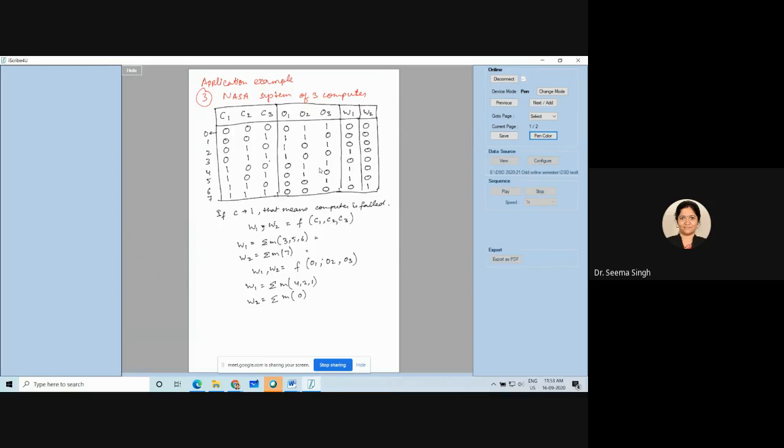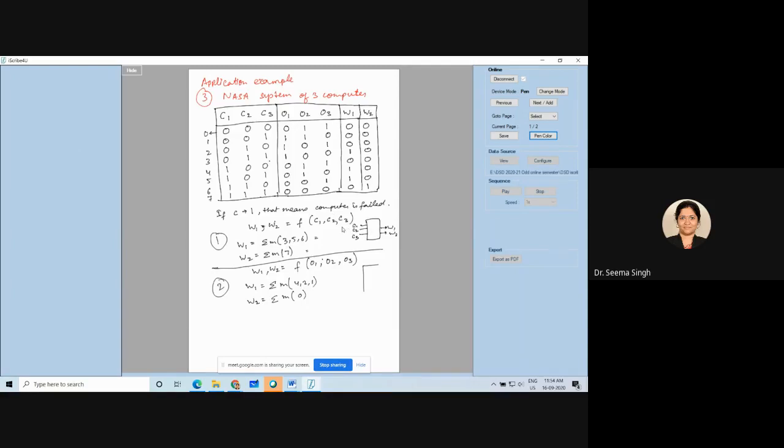What I am trying to say is, there are 2 ways of seeing this. Either this is one way, this is second way. Okay. So if your block diagram says that C1, C2, C3 is your input and output is W1 and W2, then this is the case.